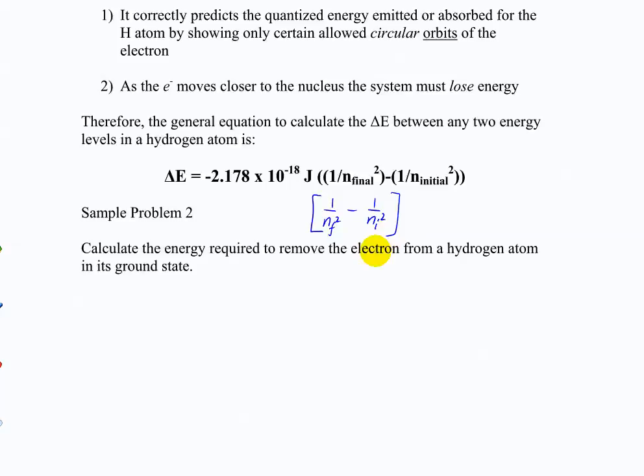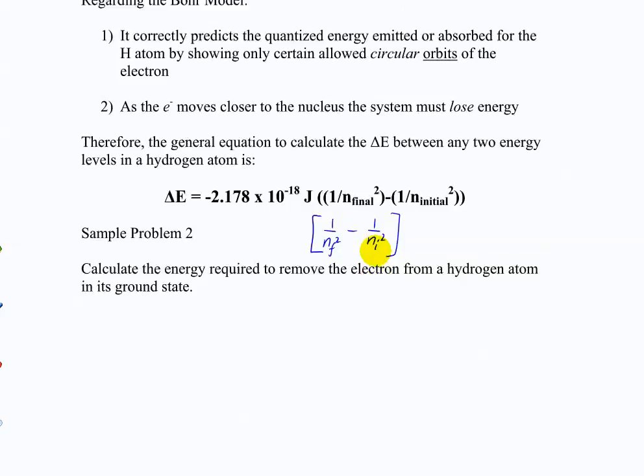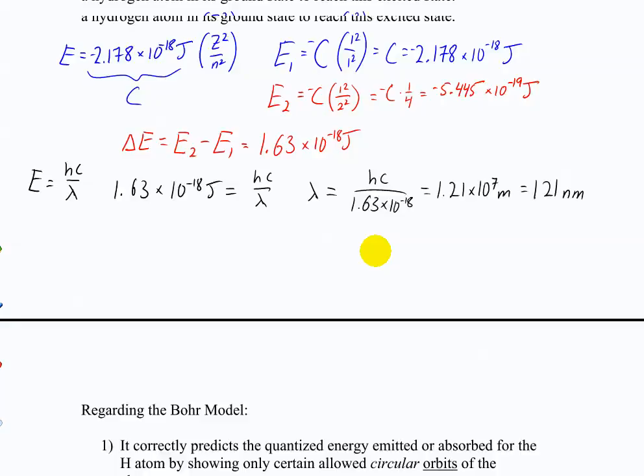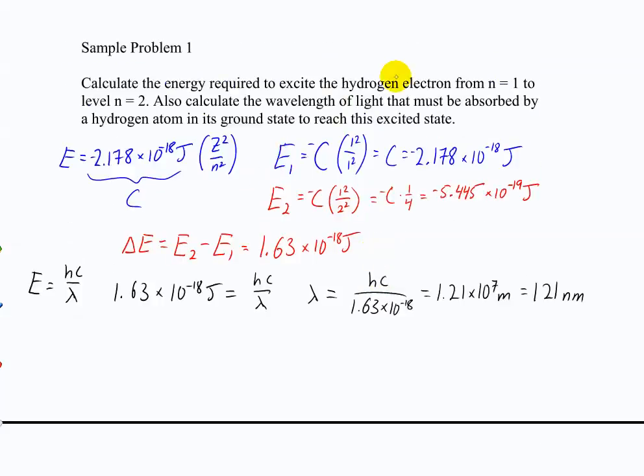Sometimes it's hard to put those things into the notes. I've got to use the equation editor. NF, the final level, is where the electron ends up. NI, the initial level, is where it starts. So that allows us to do what we just did, but a little bit easier. Before we do this next problem, which is a little bit trickier, let's go back to what we did here. Let's say we had this question again, but now with this new equation.